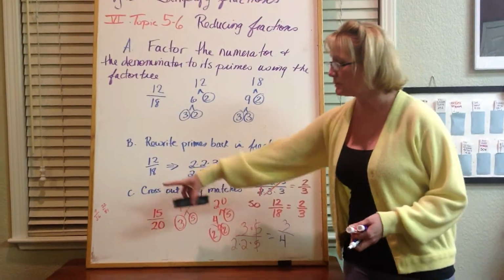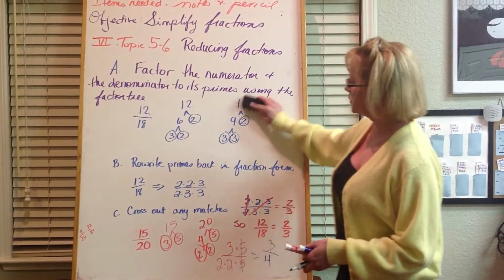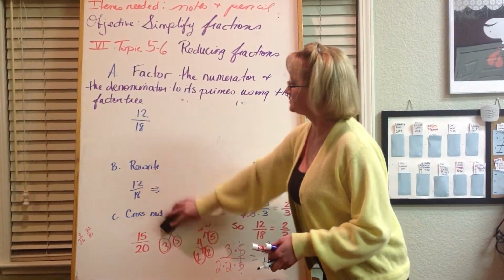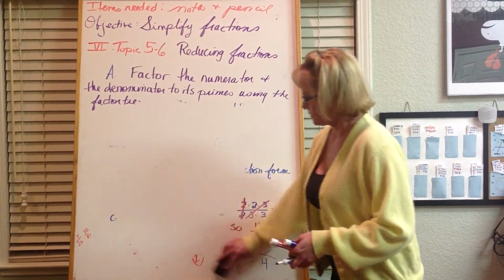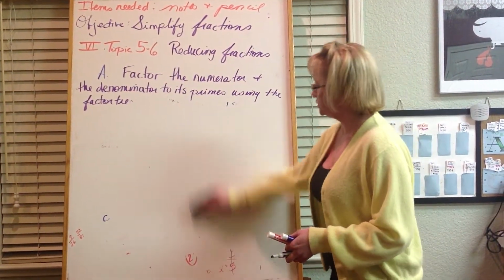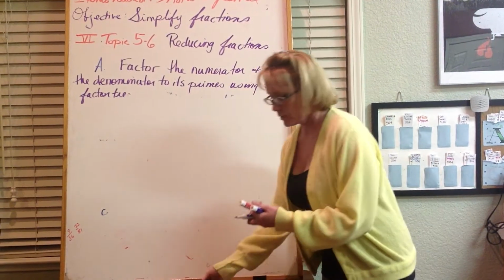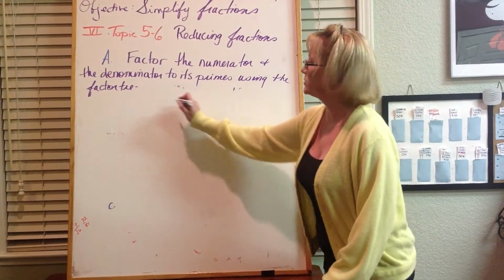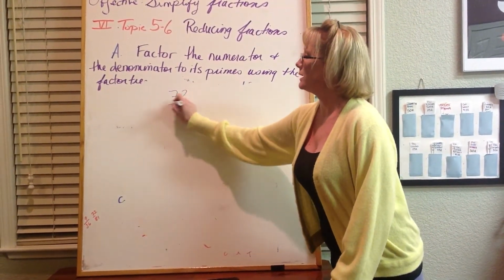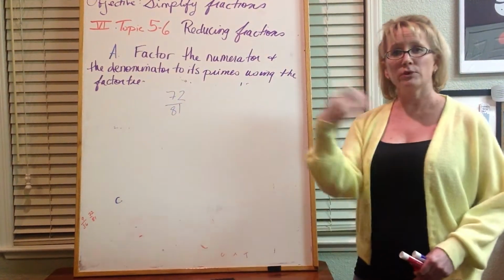So we're going to try it again with some other numbers where some funky stuff happens. So I'm going to erase all this. Okay, so we're going to try 72/81. Our first step is we're going to factor to its primes.